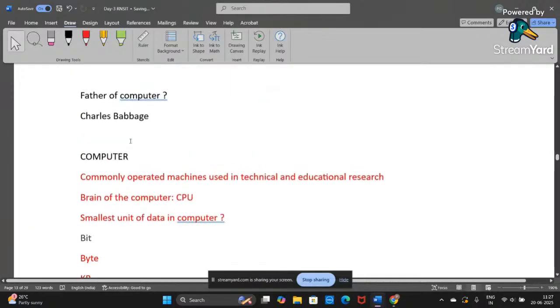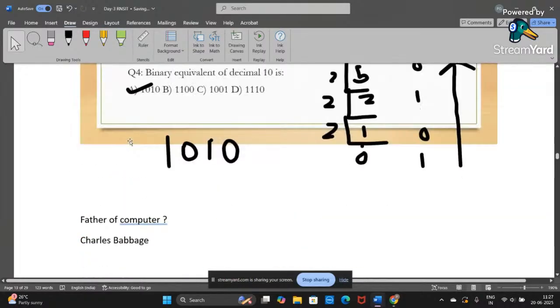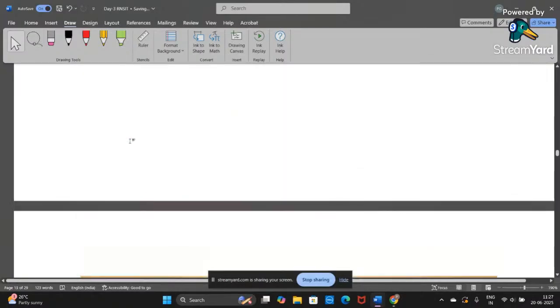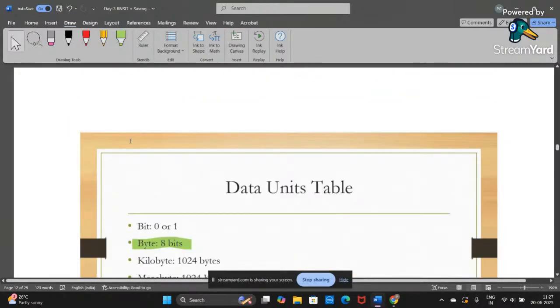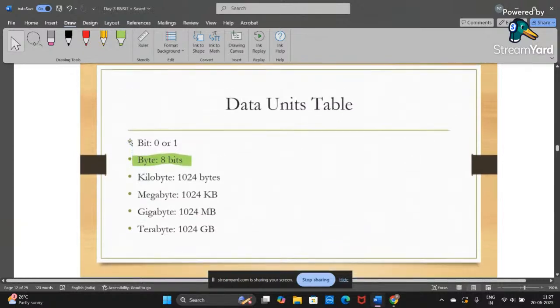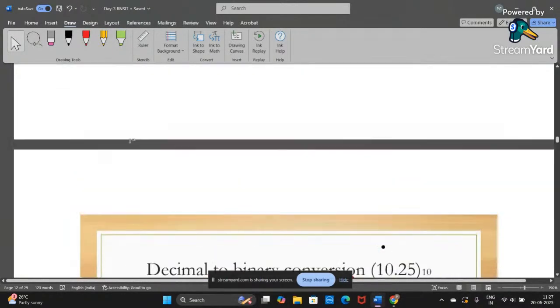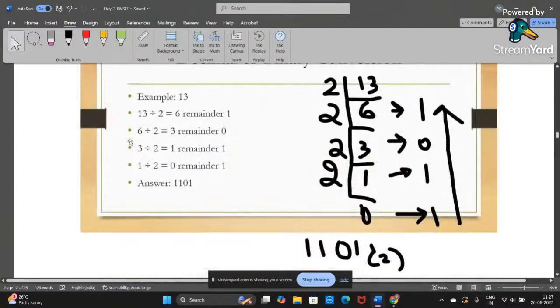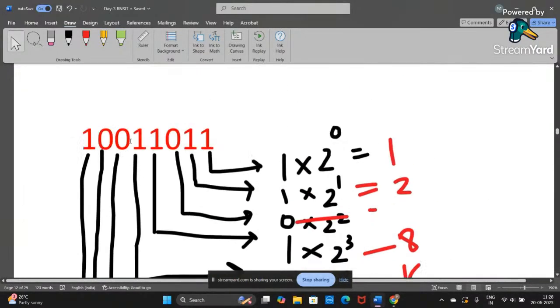Now the questions will be from the basics of computer topic. And data will be represented in binary code, that is 0 and 1. Remember this data table. Take a note of this data table. How to convert from decimal to binary and also from binary to decimal.